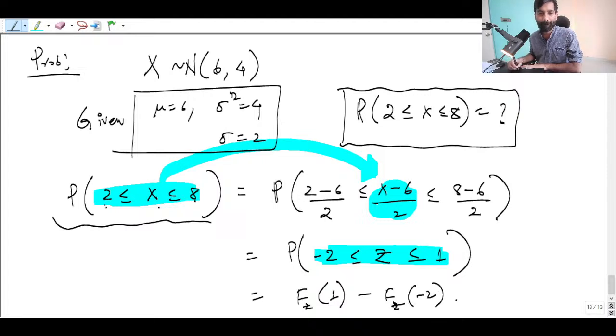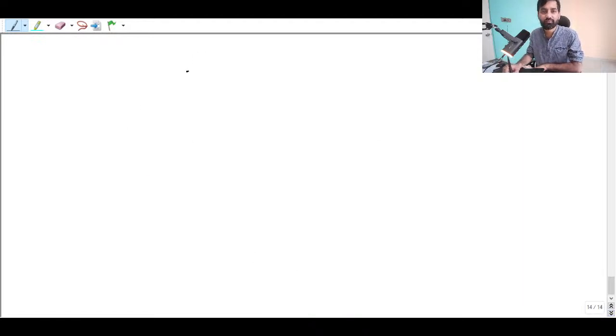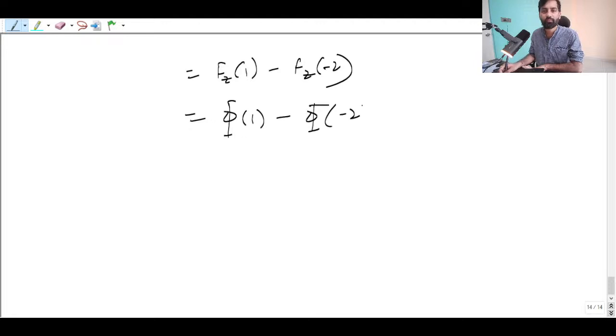I think this is clear, right? So you can write like this: phi of 1 minus phi of minus 2, or you can also say the probability of Z less than 1 minus the probability of Z less than minus 2.